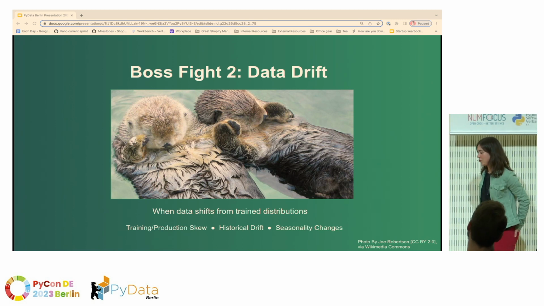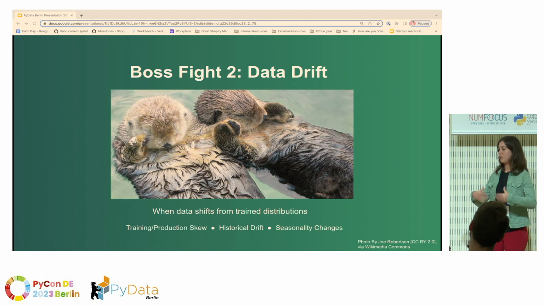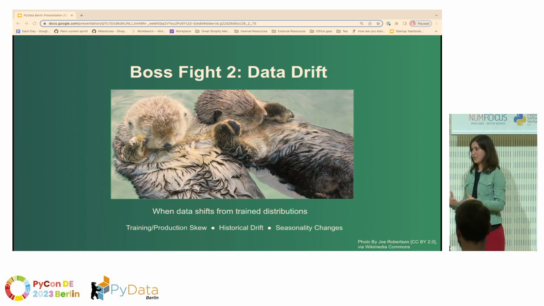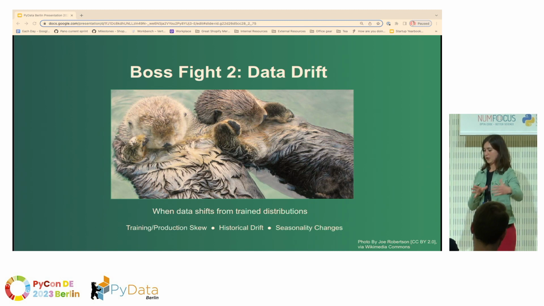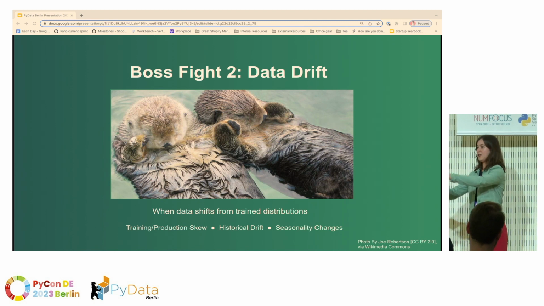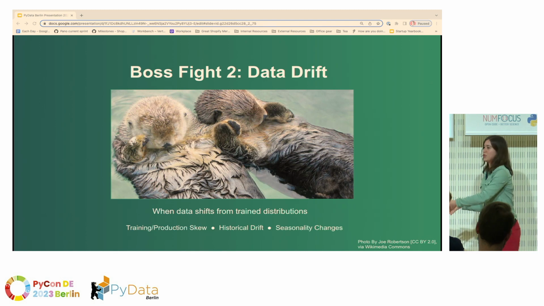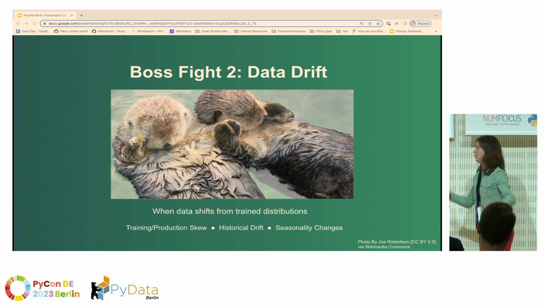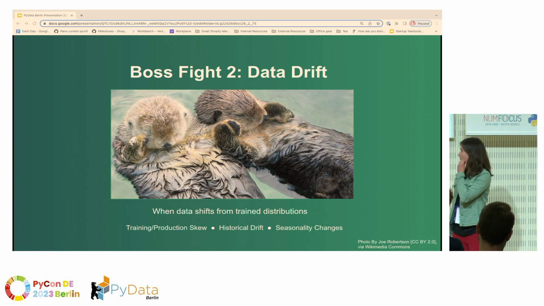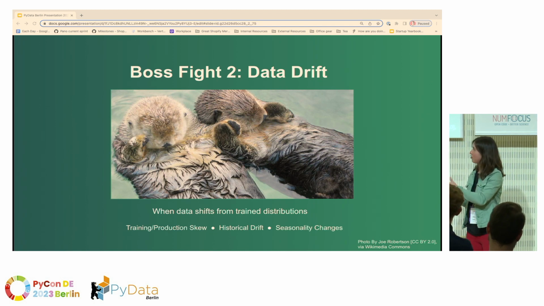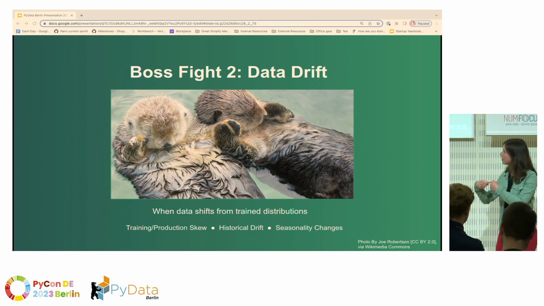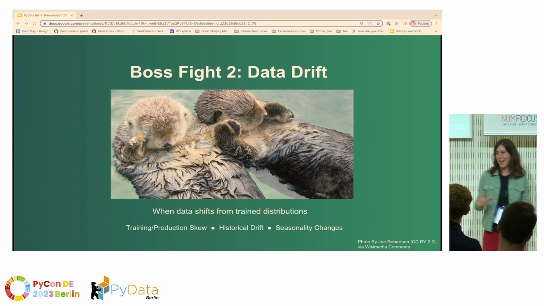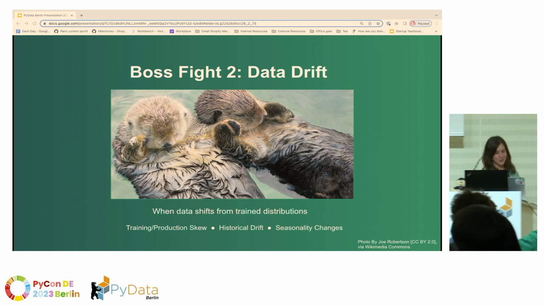For example, if you've trained your model and then when you release it, you realize that the data you trained it on has a different distribution than the incoming data that you're seeing in production, or that is changing over time, potentially for outside reasons. Sea otters deal with drift in water by holding hands in order to make sure they stay close together. But unfortunately, we don't really have that option as machine learning engineers.